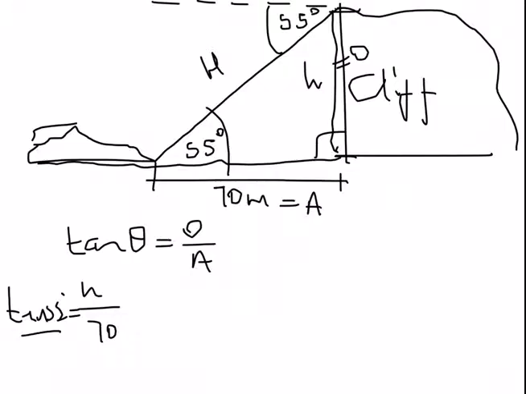Then you make it a fraction, you cross multiply, and you end up having h equal to 70 tan 55 degrees, which is equal to 99.97.